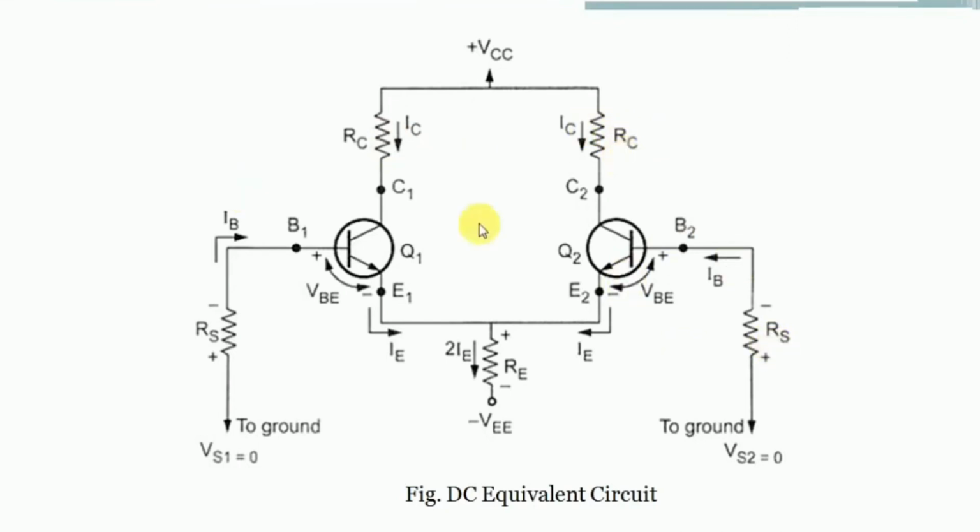Since the two transistors are matched, it is enough to find the quiescent point or operating point for any one of the transistors. Since these two are symmetrical, I am considering only the half circuit, that is for the transistor Q1.